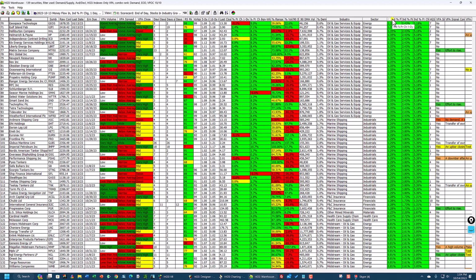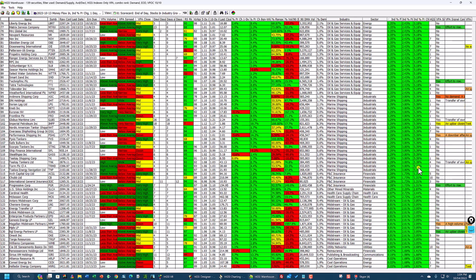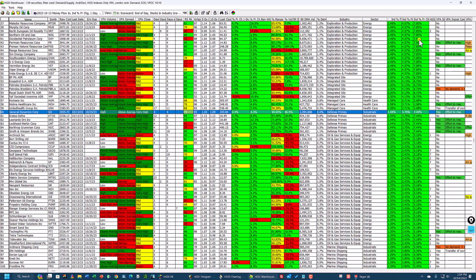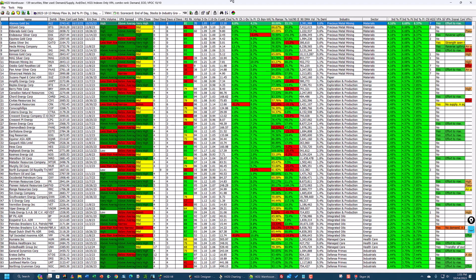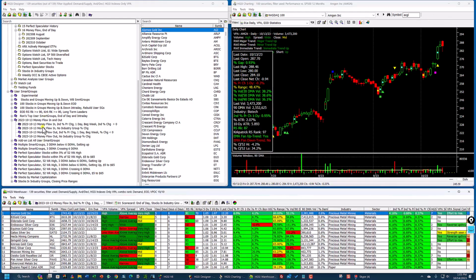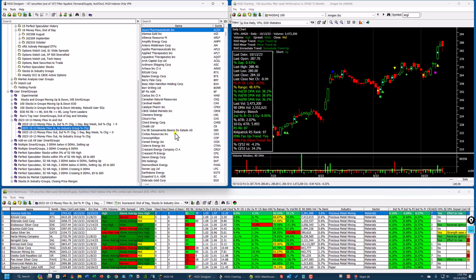These three columns over here show the industry percentage price change one day, since the beginning of the week, and 5 days. And as I scroll down here, you can see that these have been the strongest groups, and there's 139 stocks in here.